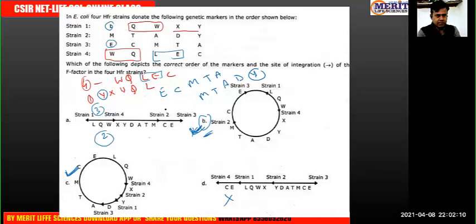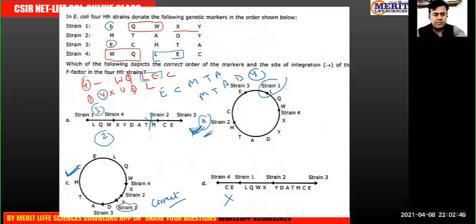So we can exclude 1 and 4. Now take strain 1. Here strain 1 is starting with the L, and here strain 1 is starting with the Y. So easily you can catch which is correct. Got the point?